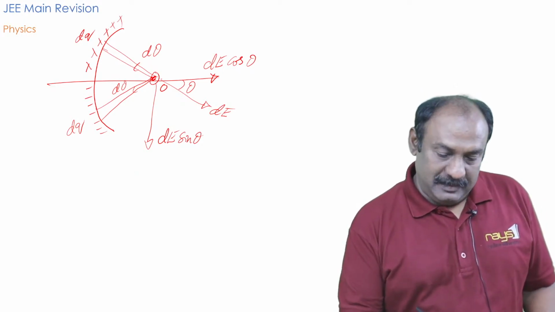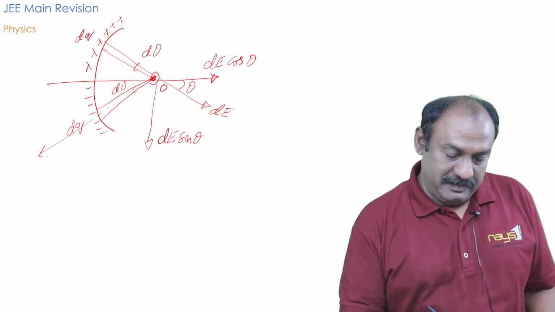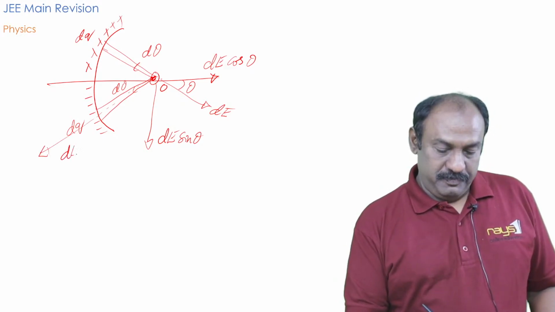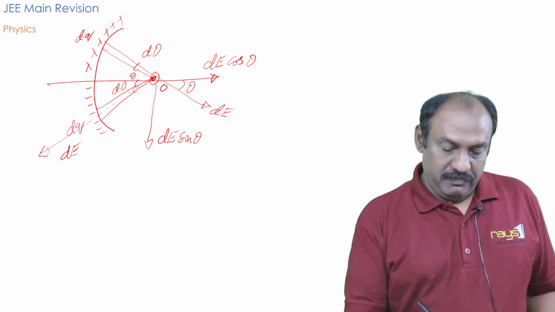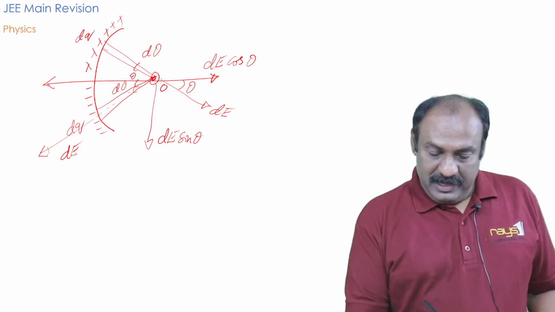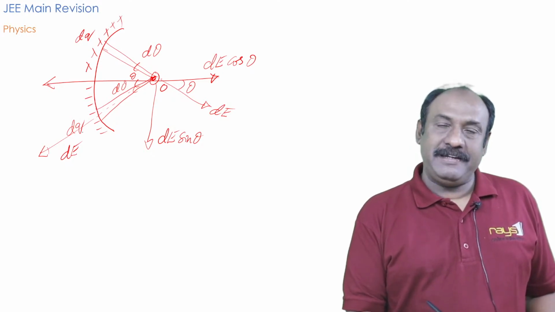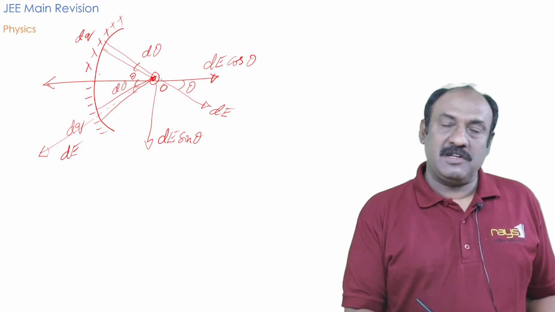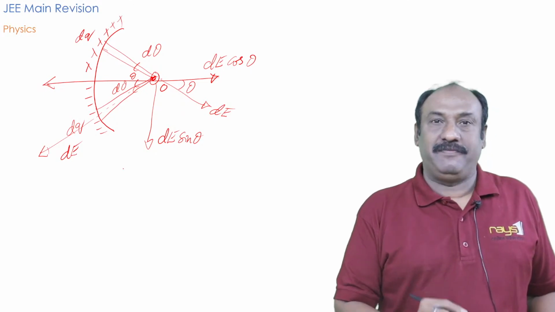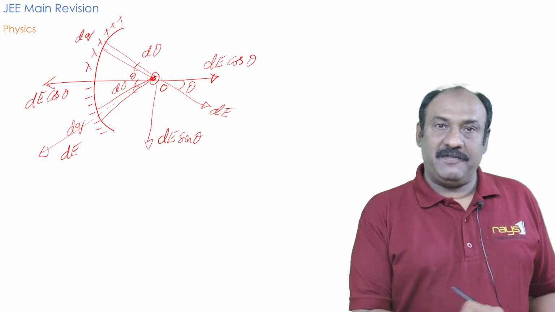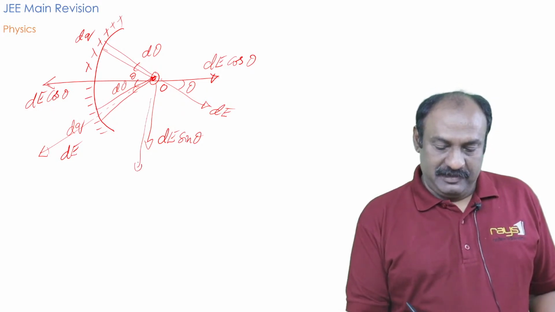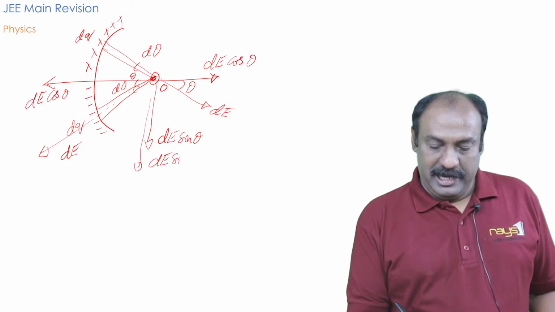So due to that, at point O, the electric field intensity is in this direction dE. When it is theta here, here also it is theta. So the component of electric field intensity due to this elemental strip on the negative charge distribution on the lower half of the ring is dE cos theta towards the leftward direction and dE sin theta in the vertically downward direction.